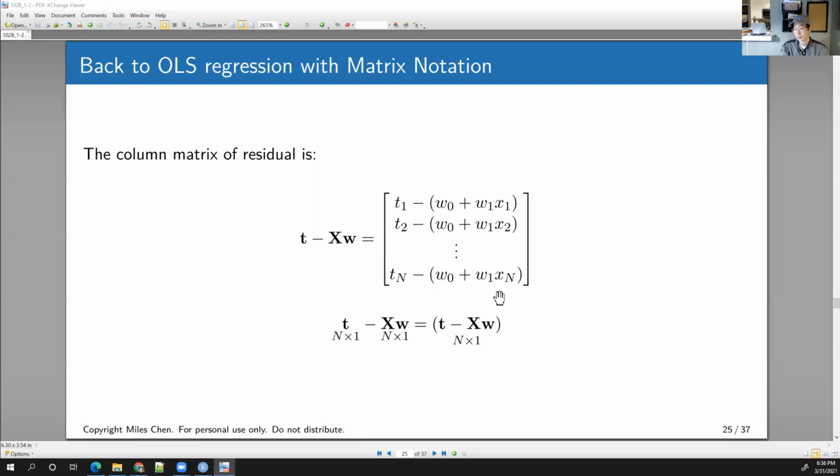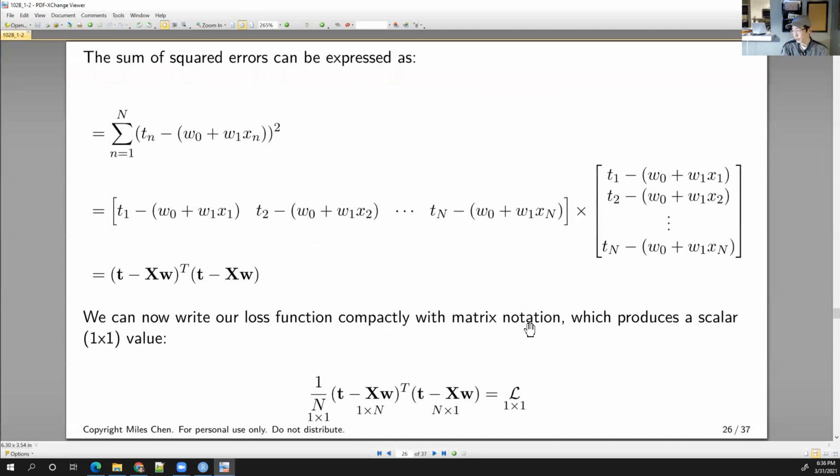Okay, and if we talk about the sum of squared errors, it is Tn minus the quantity W0 plus W1 xn, squared and summed up. I can expand this out: T1 minus W0 plus W1 x1, then T2 minus W0 plus W1 x2, all the way to Tn minus W0 plus W1 xn.